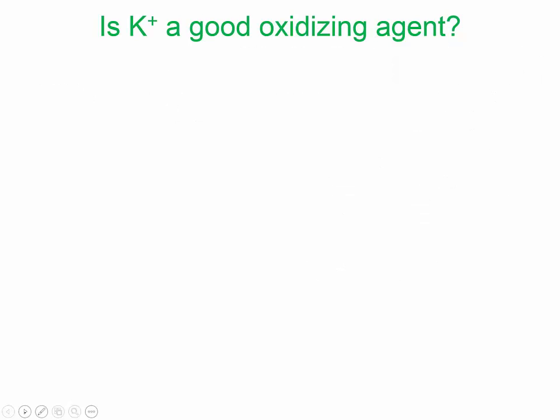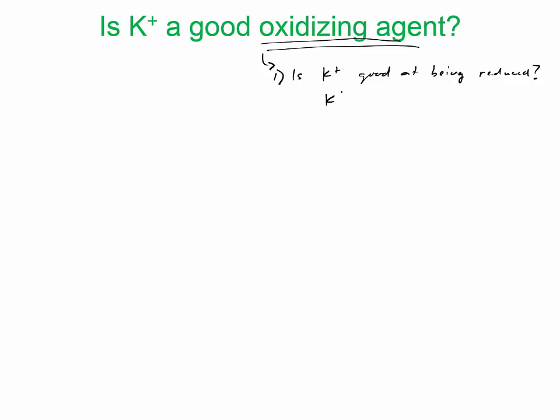So let's ask another question about the potassium ion. Is K plus a good oxidizing agent? Let's translate this vocabulary. We could phrase this a couple different ways: is K plus good at being reduced? Does K plus accept electrons and make solid potassium?